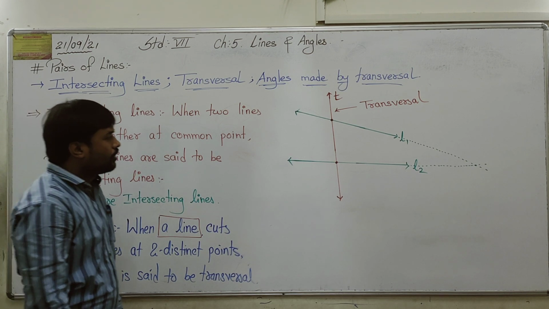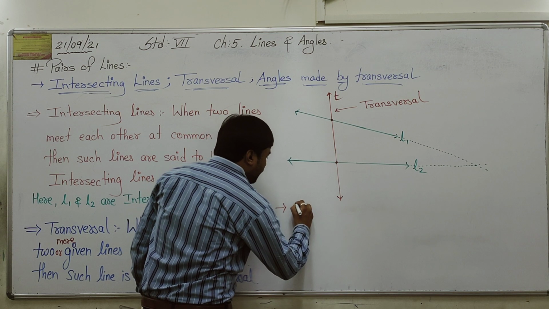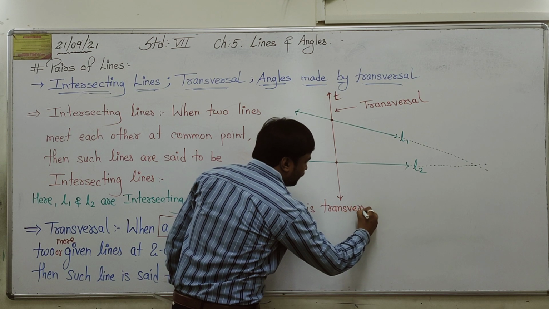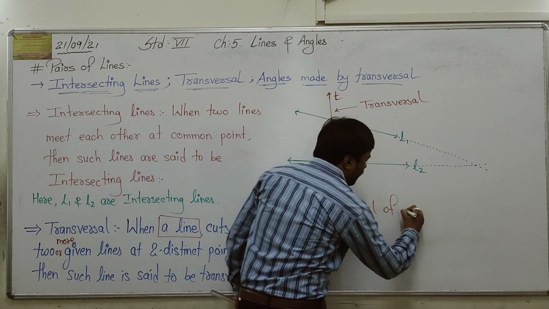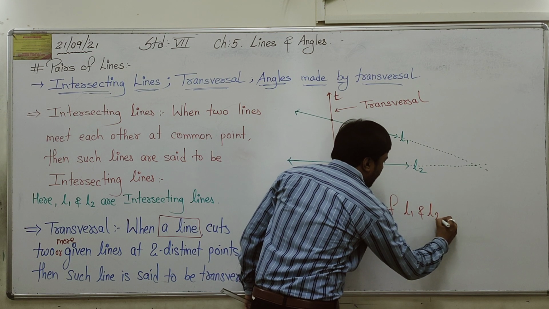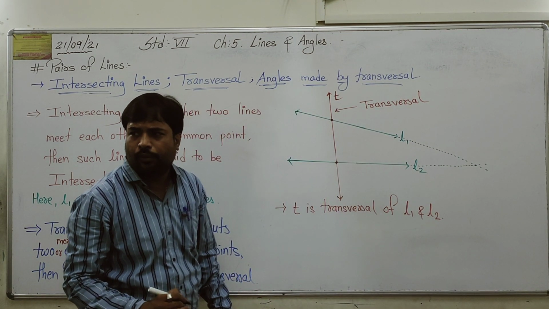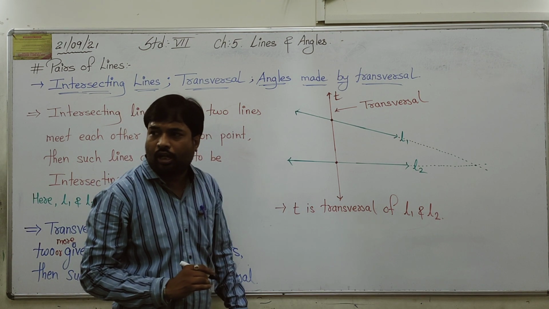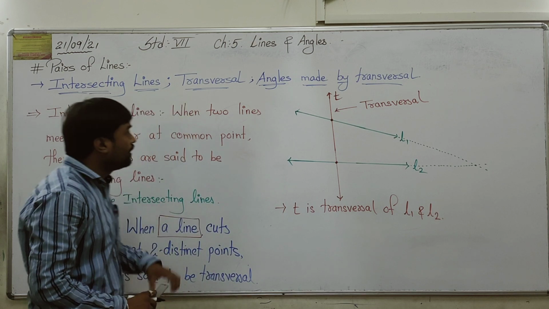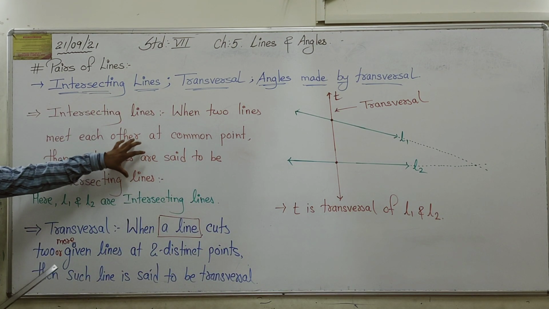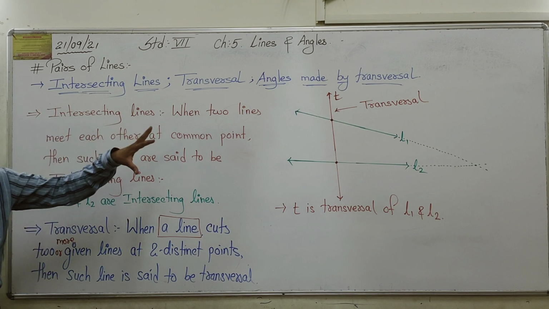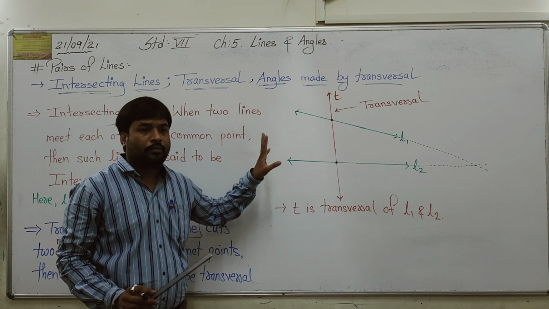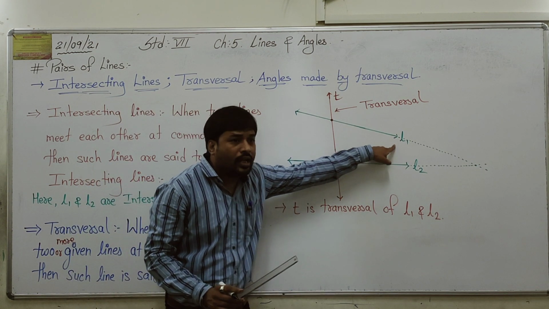So here what we can say? T is a transversal of L1 and L2. What is L1? Line 1. What is L2? Line 2. And T is your transversal. Are the two definitions understood? An intersecting line which cuts two lines in between forms a transversal, the one in red color, T. Is L1 a transversal?